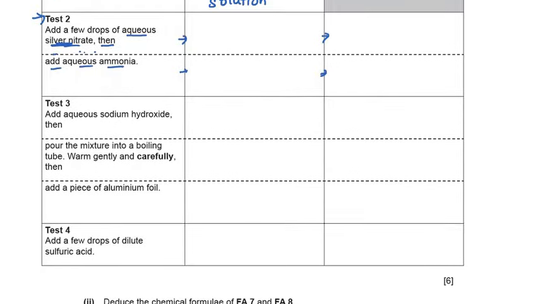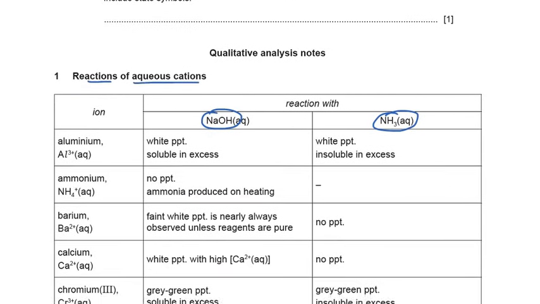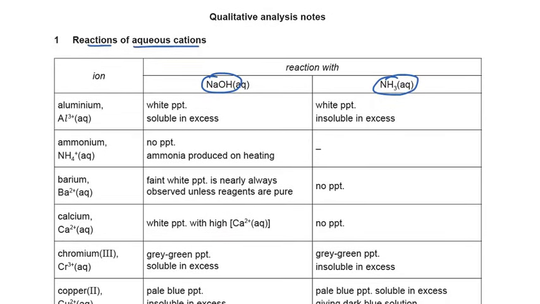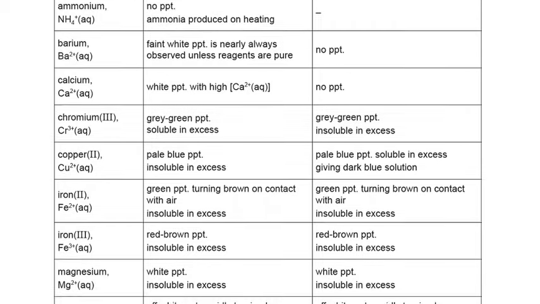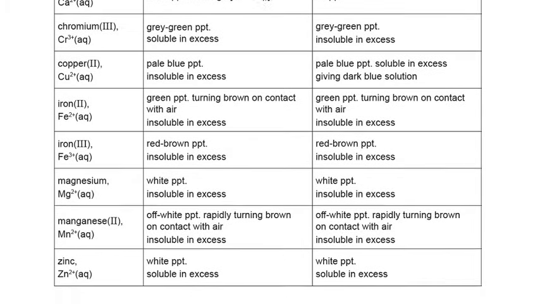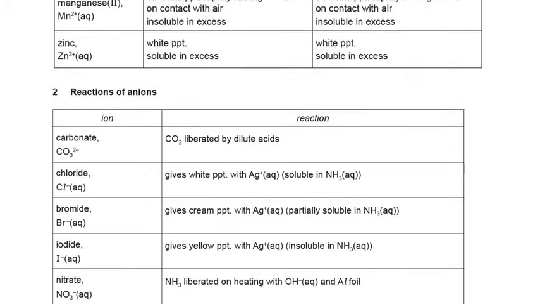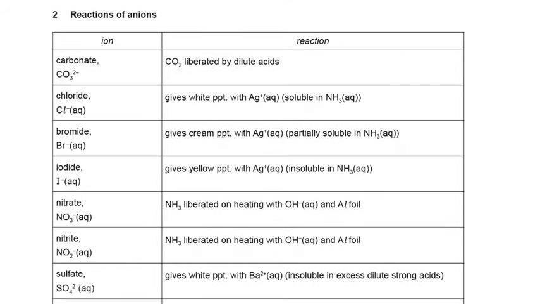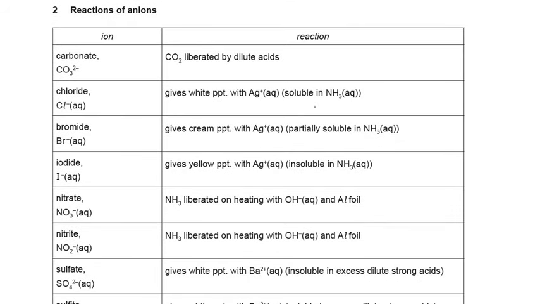So let's check our notes. Here we can see that the cation tests use the reagents aqueous ammonia and aqueous sodium hydroxide. So this is not what we are performing. Next, check the reactions of anions. Can we see anything with silver nitrate? Yes, here we can see that silver ions are used for the test.